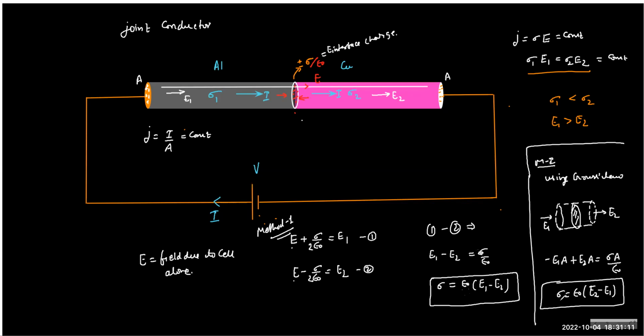Oh, this is the surface. Okay, this is again confusing. This sigma is not the sigma of the conductivity. It's good to write the resistivity term so that we do not get confused with the surface charge density. Maybe that is why people felt the need for resistivity, because conductivity is very confusing.